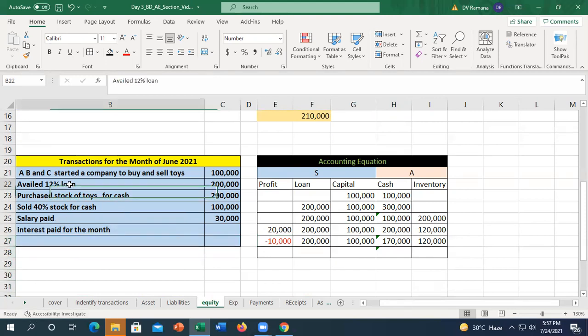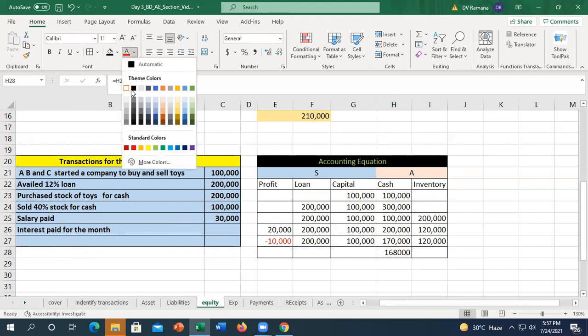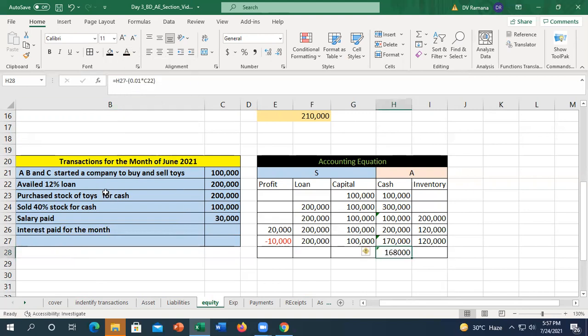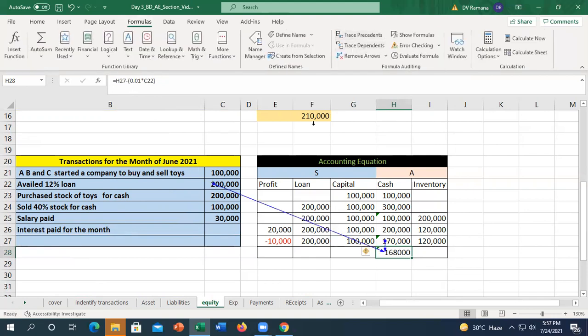Now interest, you're taking a loan at 12%. So that means 1% per month. So interest has been paid for the month. If interest has been paid for the month, that is 1% on 200,000, which is 2,000. And so cash reduces to the extent of 2,000.